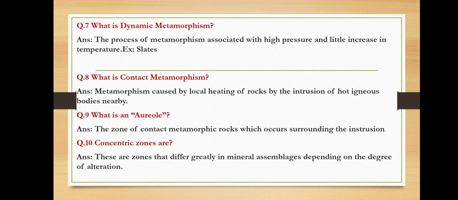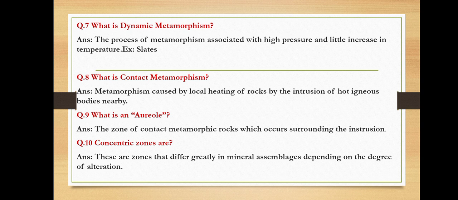But when we examine the rock which has undergone these changes, what we will find is that the degree of metamorphism or the changes in the rocks will tend to decrease from the contact zone with the igneous body, from the inner part of the rock body towards the outer part.